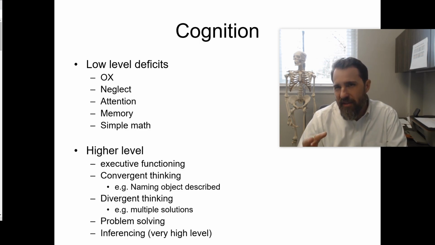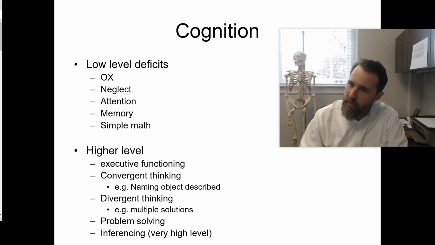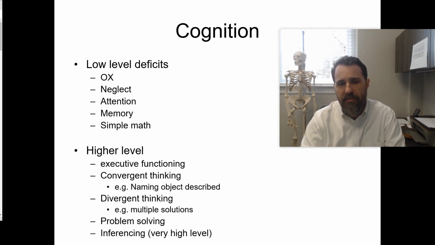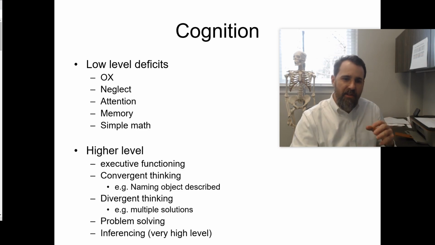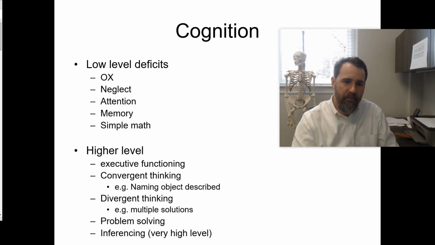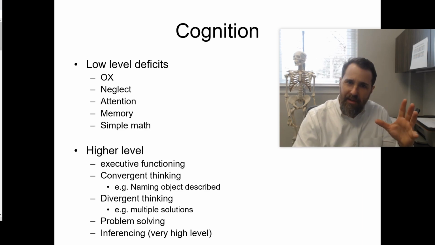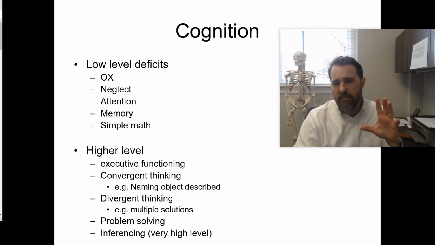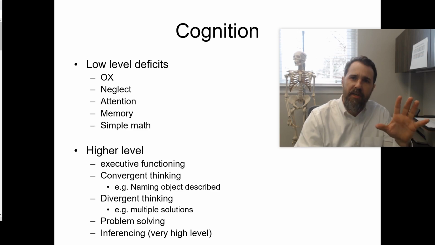And if you have these lower level cognitive skills intact, then we move into rehabilitating those higher levels of function, such as higher levels of problem solving, convergent thinking, convergent naming, divergent naming.